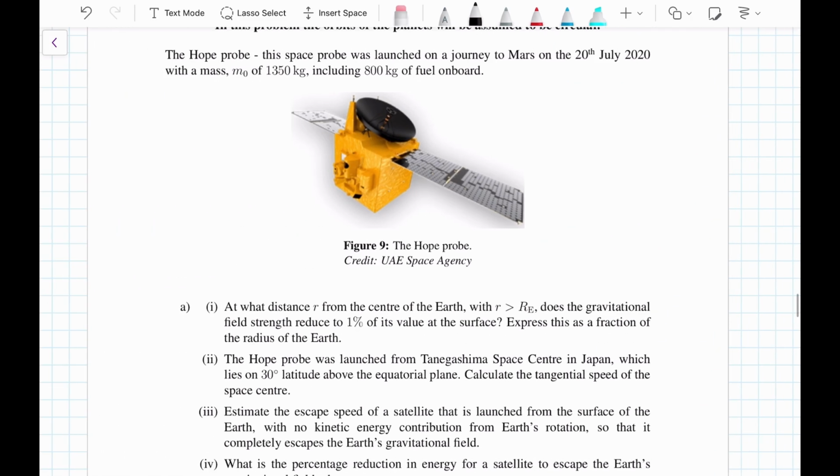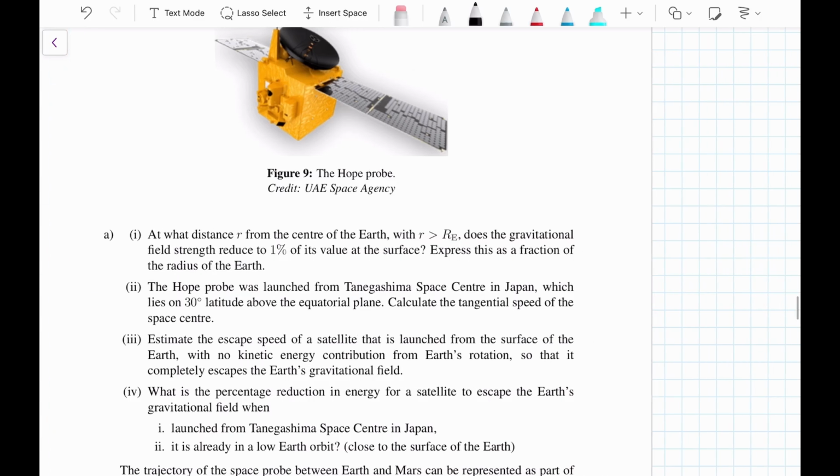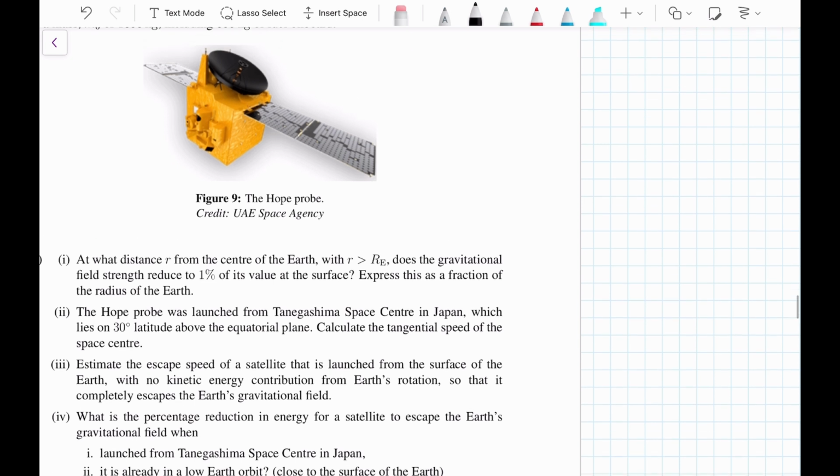It says, at what distance r from the center of the Earth, with r greater than Re, does the gravitational field strength reduce to 1% of the value at the surface? Express this as a fraction of the radius of the Earth.